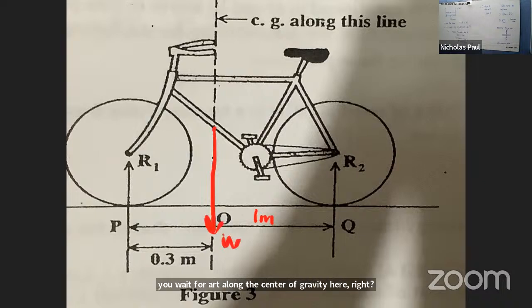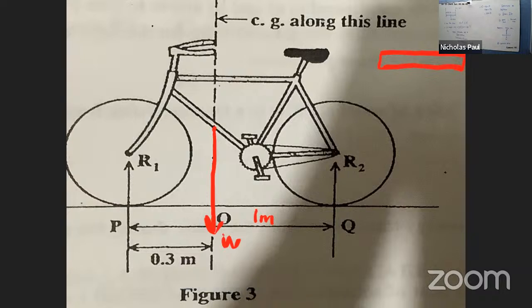So let's see if we can convert that into a plan. Put R1 in the right place, R2 in the right place, W in the right place. And then come up with two equations.